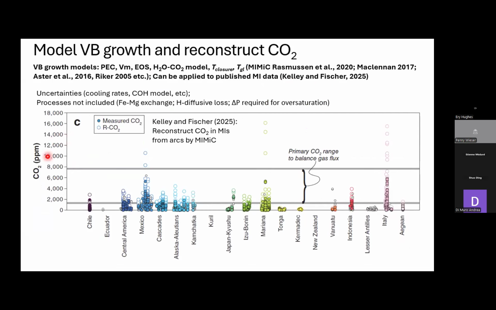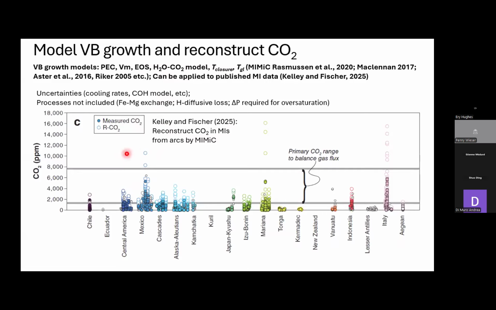For example, this is a summary figure from Kelly and Fisher 2025, where they applied one of the vapor bubble growth models to different arc magmas. The open symbols are the reconstructed CO2. We can see that for almost every arc, it gives a much higher CO2 concentration compared to the ones not counting the vapor bubble.